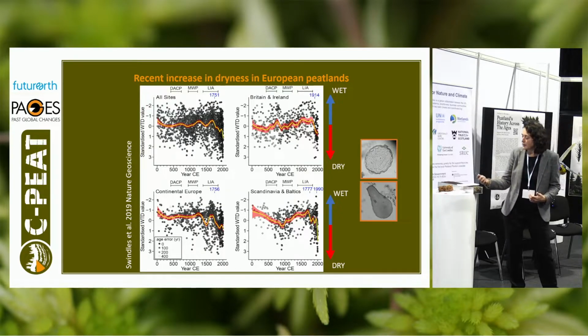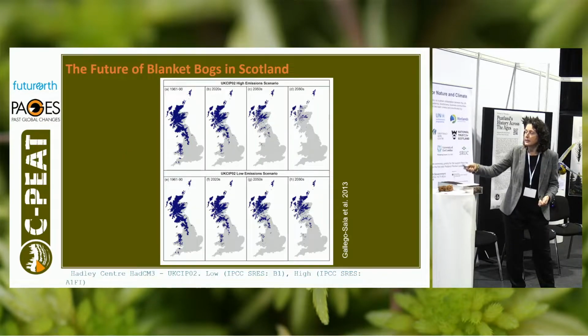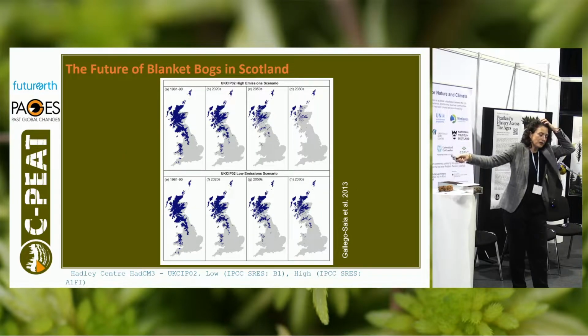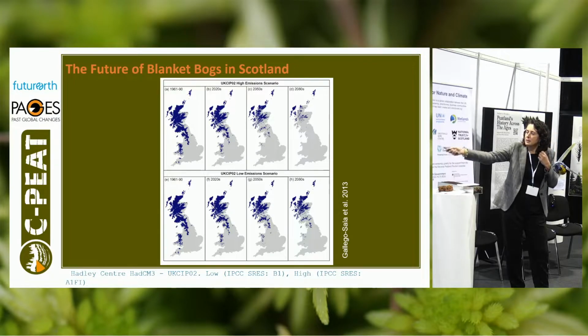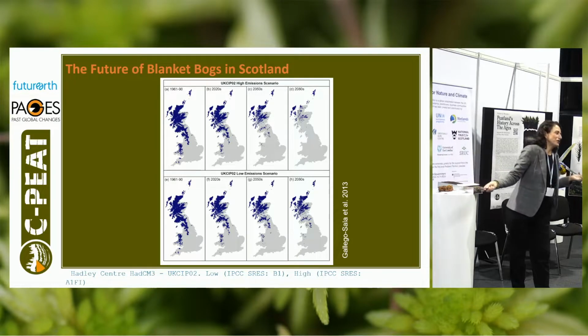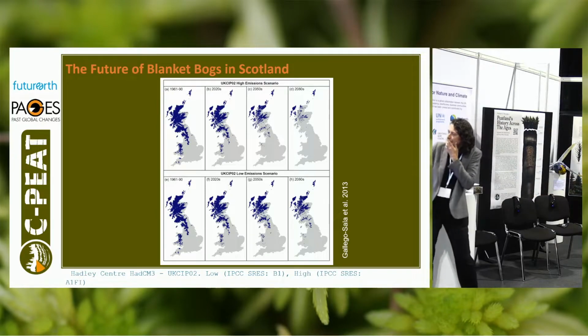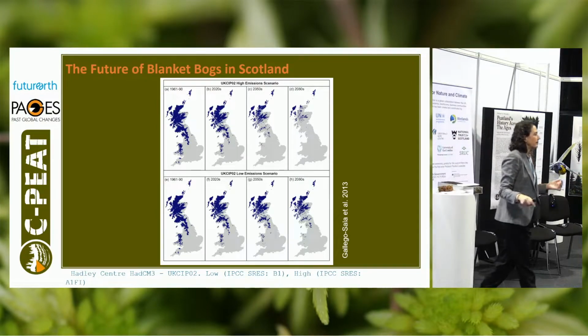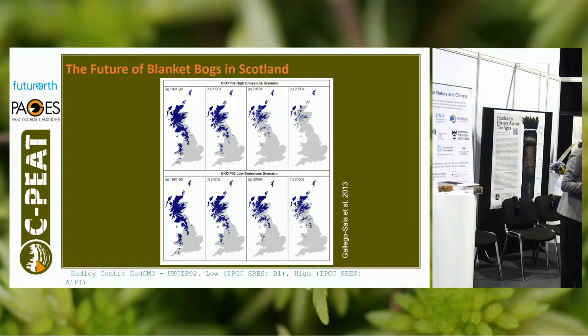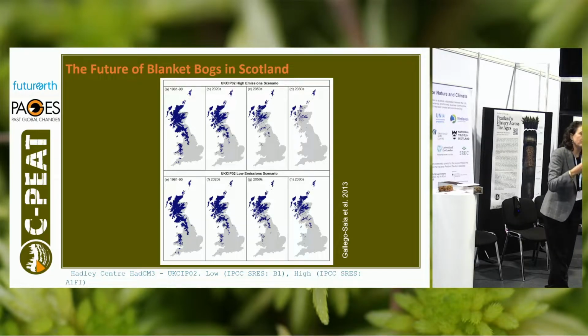And that fits, for example, with a modeling study that is also somewhat calibrated on paleo records, using a bioclimatic envelope modeling approach. And I just thought, since we're in Scotland, I'll show you blanket bogs. Blanket bogs are very dependent on climate, very dependent on precipitation.